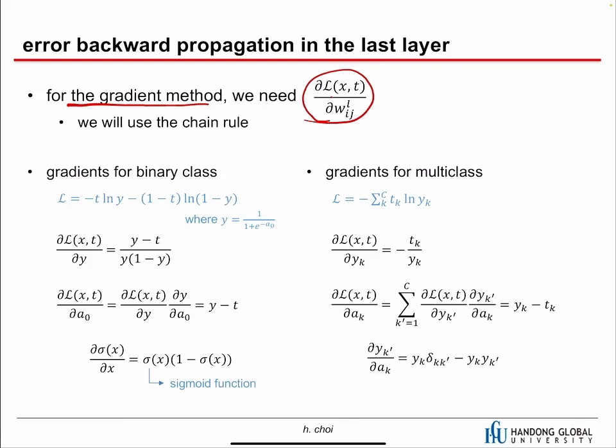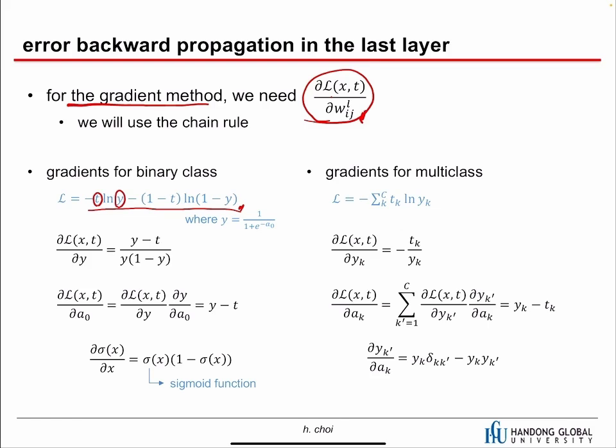Okay, from the previous slide, we got these loss functions for a single sample. When we have one sample, we can apply forward propagation to get the y. Okay, and then we have label t. Then this is our objective function. And we need this gradient, but we have a lot of layers.